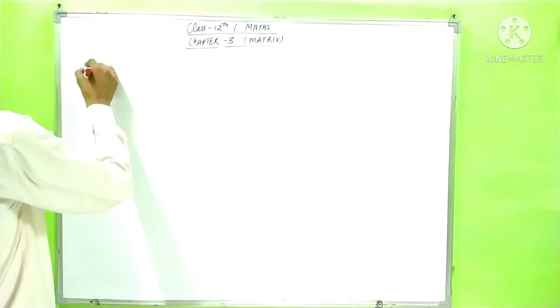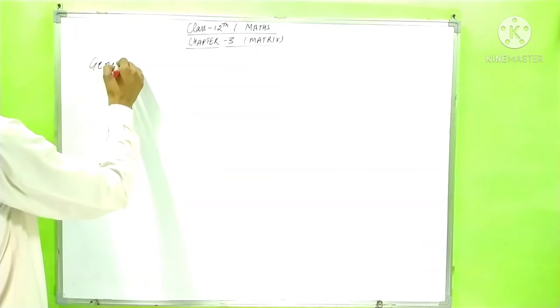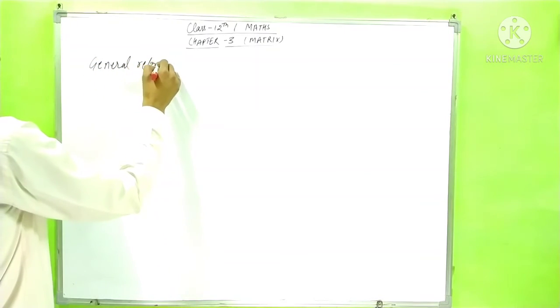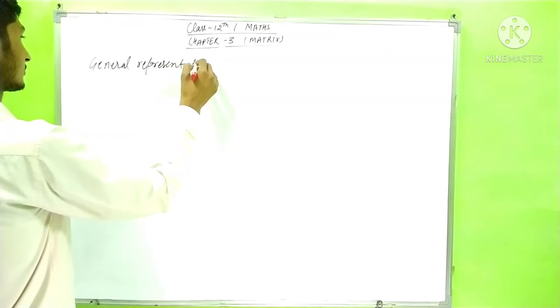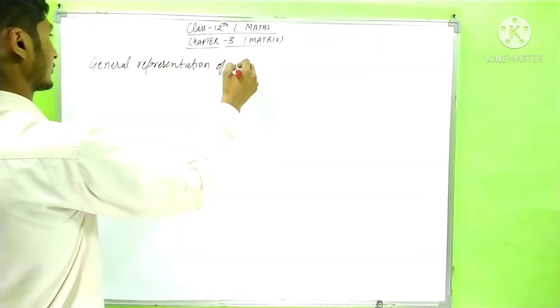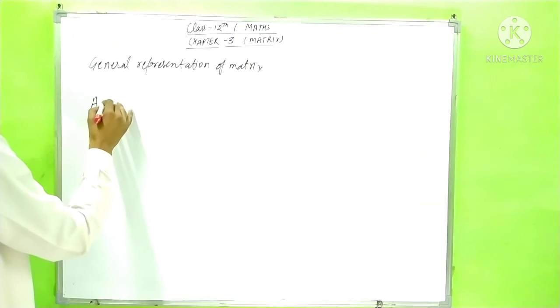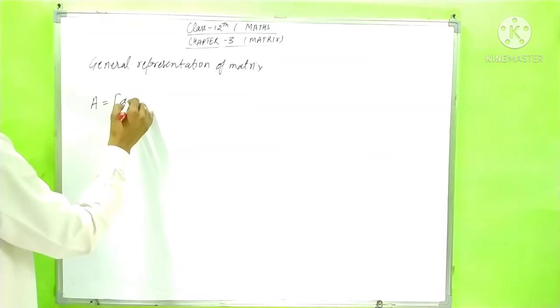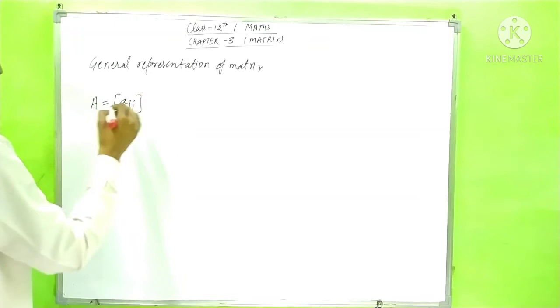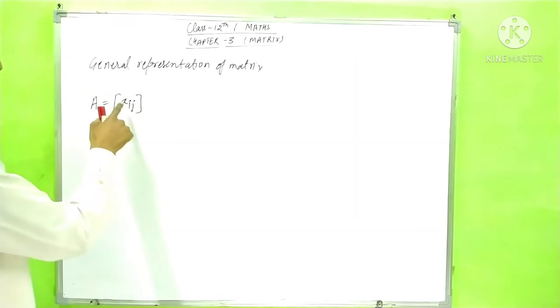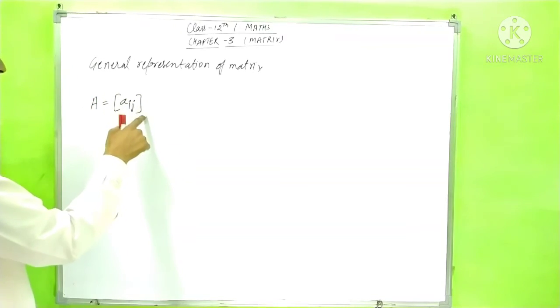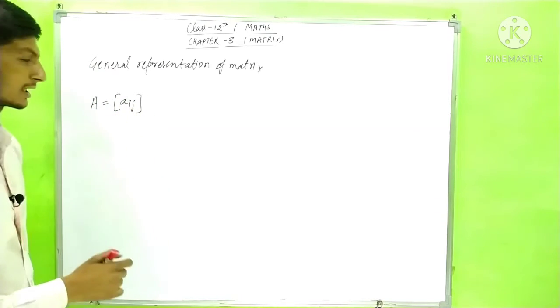The general representation of matrix is like this: A bracket aij. This bracket is the symbol of matrix.